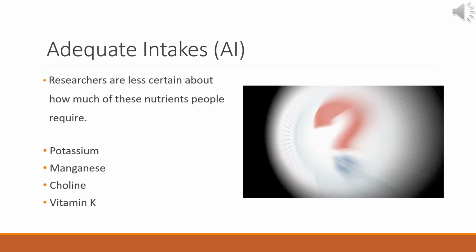The nutrients that would fall under this category that have adequate intakes are potassium, manganese, choline, and vitamin K. We just simply do not know quite as much about how much a person should get. For example, low potassium generally only occurs in people with cardiac complications or fluid imbalances. So deficiencies are rare unless these types of things are going on.